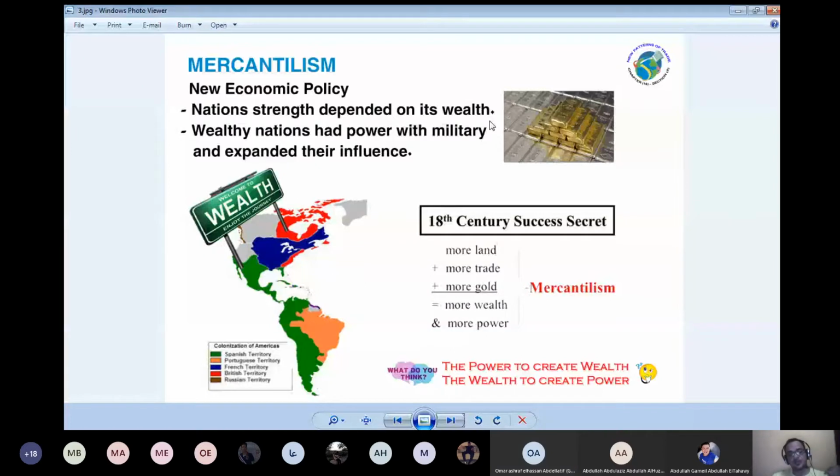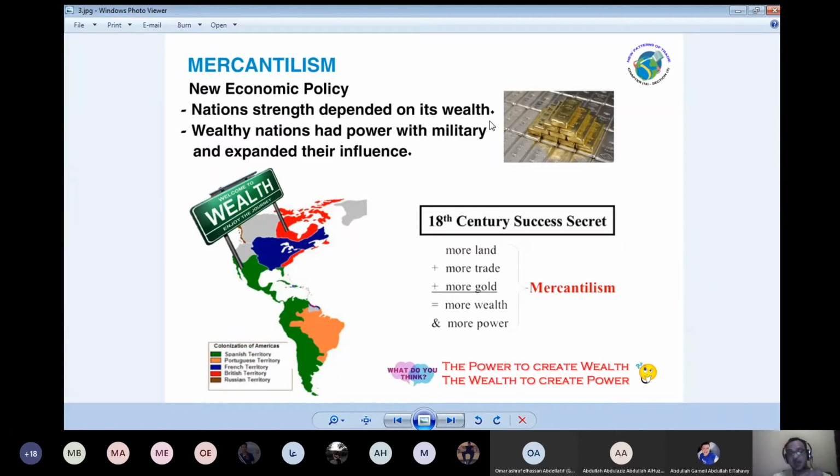So back over there in the 18th century, they developed a system in order to say that this country is wealthier, this country is more powerful than others. It depends on some factors: how much trade, and land, gold.